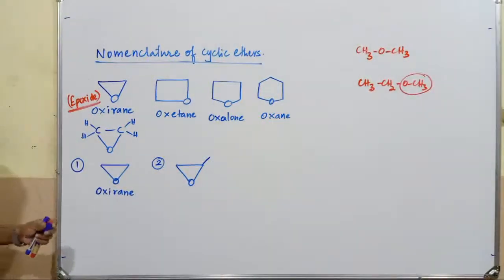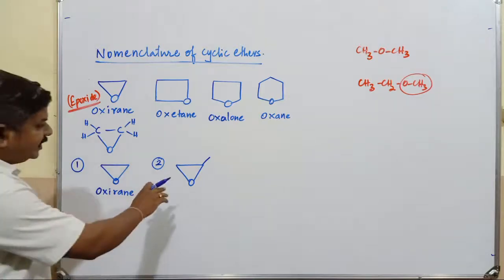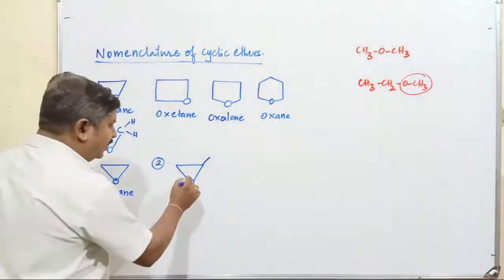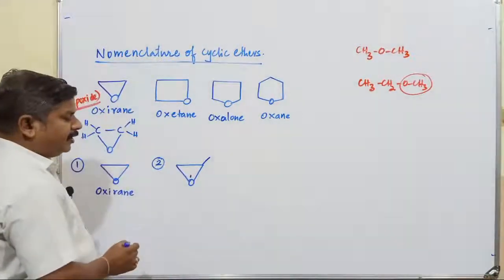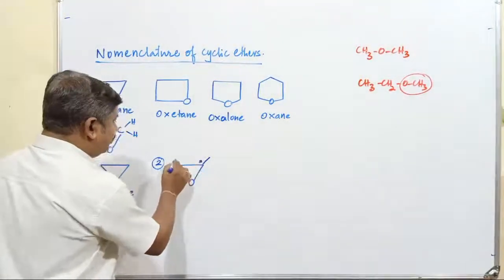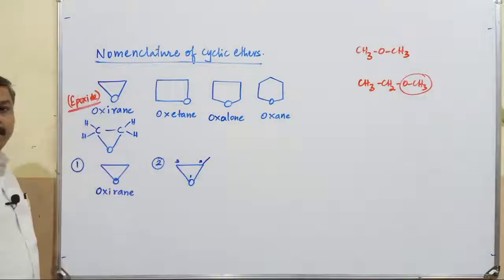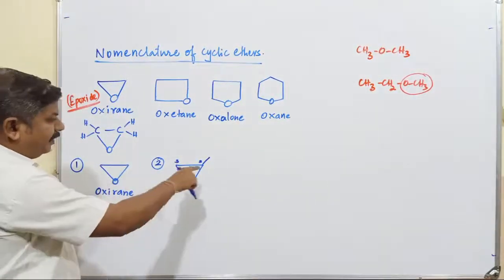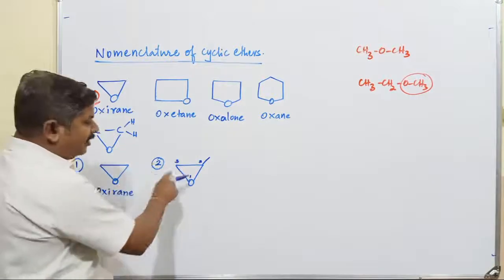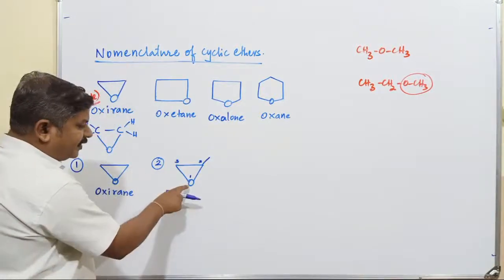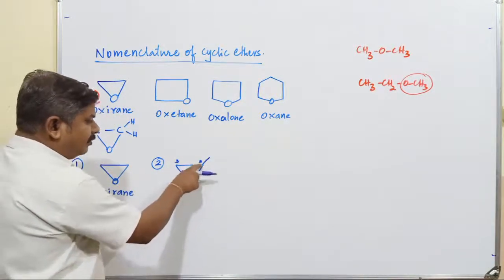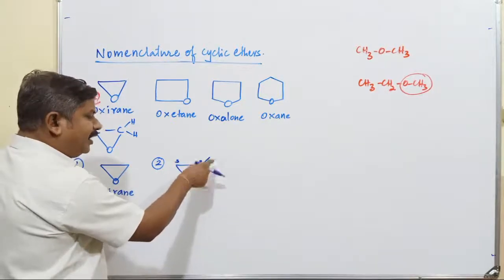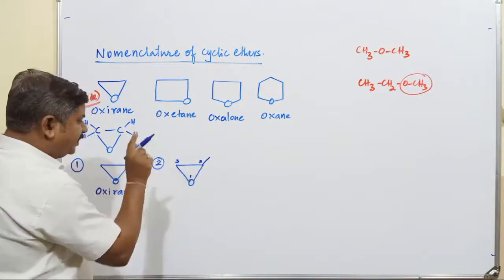In the oxirane method, the numbering of the cyclic chain is such that the first number is given to the oxygen atom, the second number to the next carbon atom containing the substituent, and the third to the other carbon.